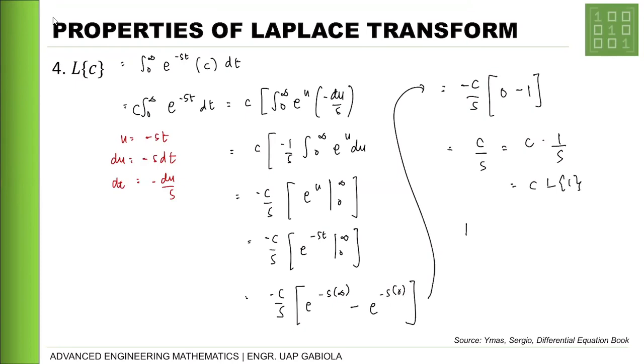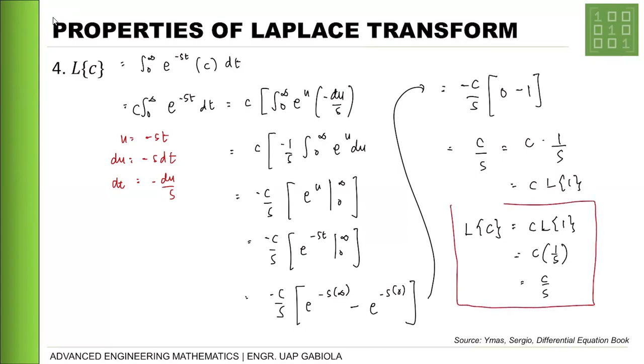So, ibig sabihin, Laplace of C is equal sa C times Laplace ni 1, or whatever yung value ni C, that will be C times 1 over s or C over s. Okay? So, this is our fourth property. So, any constant, kapag kinuha natin Laplace niya, that will be C times yung Laplace of 1, which is 1 over s, or we have C over s na value.